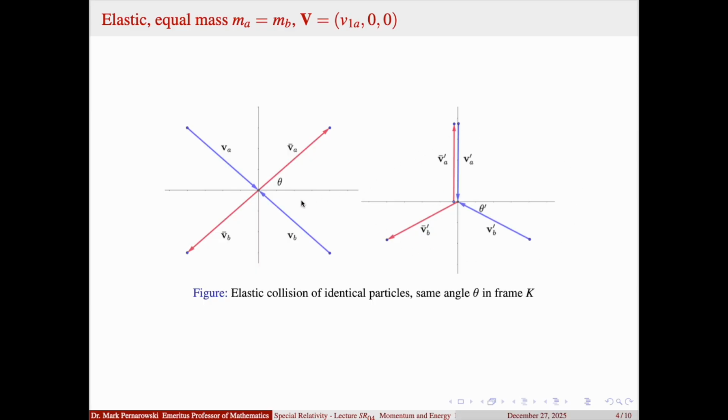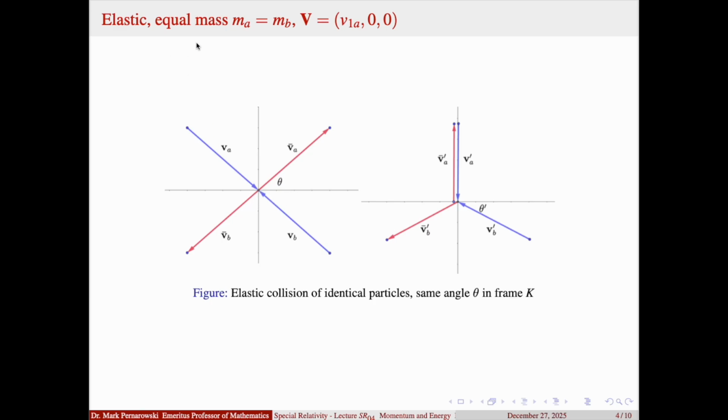Let's go back to K. So I have a particle A coming in with a certain velocity, and it hits the particle B at the origin, and then they bounce off each other, maintaining an elastic collision, and they go off in different directions. There's this angle theta with respect to this axis after the collision.